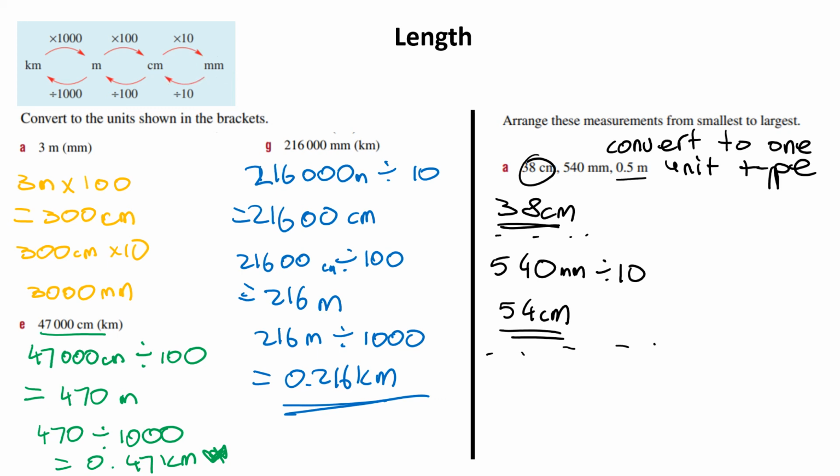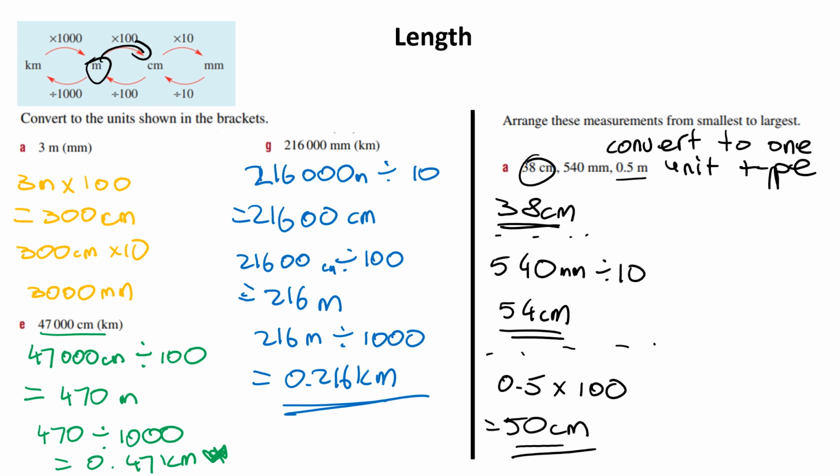So I want to go meters, I'm going to go this way, and I'm going to multiply by 100. So I'm going to go 0.5 times 100, and that's going to give me 50 centimeters.